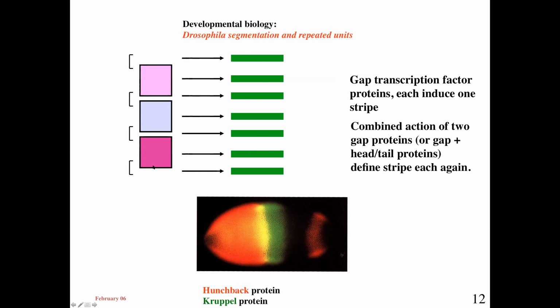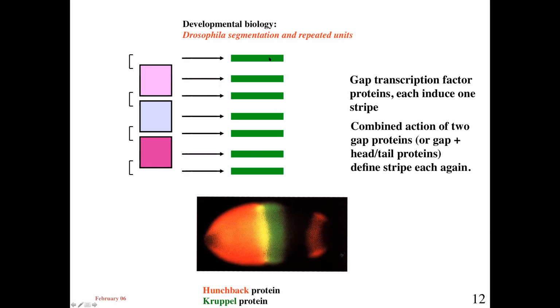However the gap genes are read, the combination of these transcription factors is going to give rise to expression patterns of pair rule genes, which will be seen as these stripes.